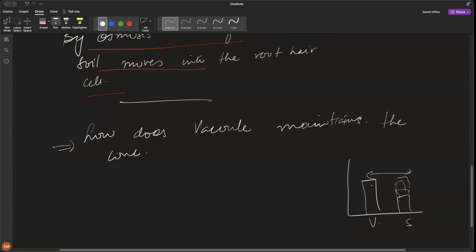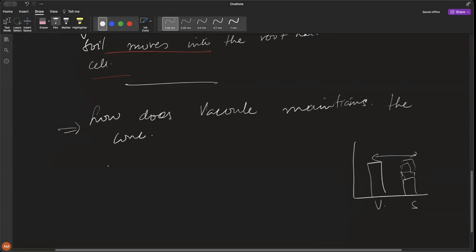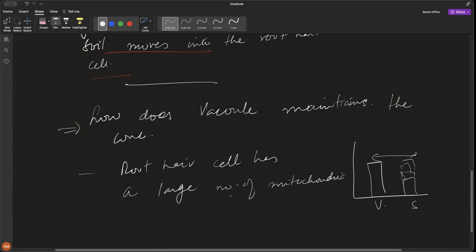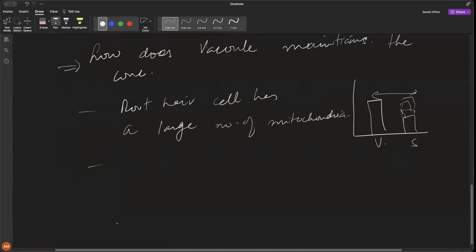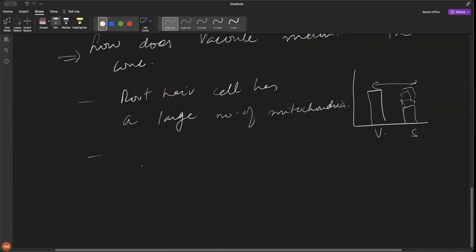But the root hair cell has a large number of mitochondria. By using the mitochondria, there's a large amount of energy that can be used by the root hair cell.